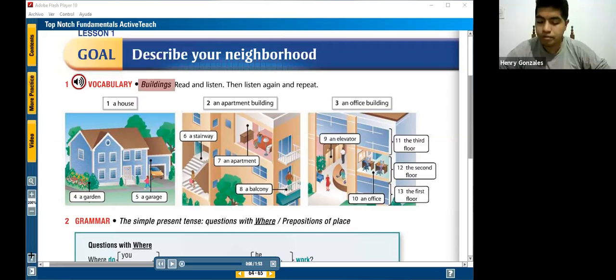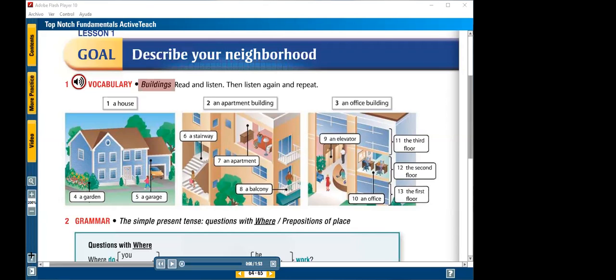Okay, a house, an apartment building, an offices building, a garden, a garage, a straightway, an apartment, a balcony, an elevator, an office, three floor.